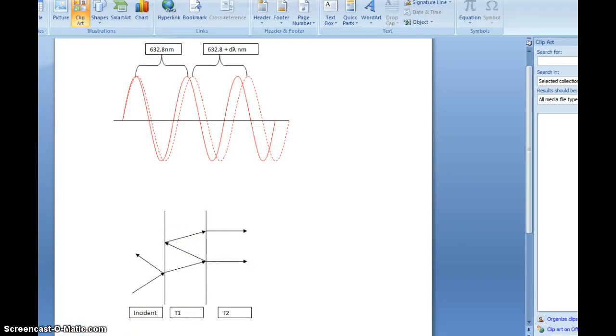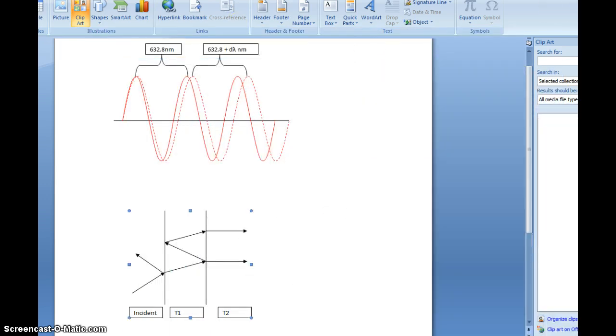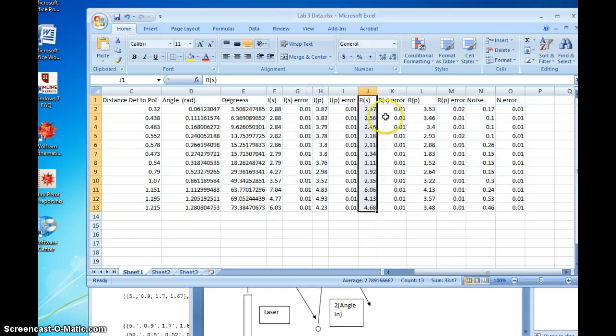You knock the lasers a little bit, or you do something, and the amount of light that actually goes in that we can measure changes.